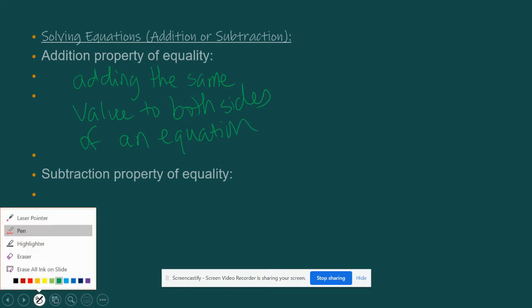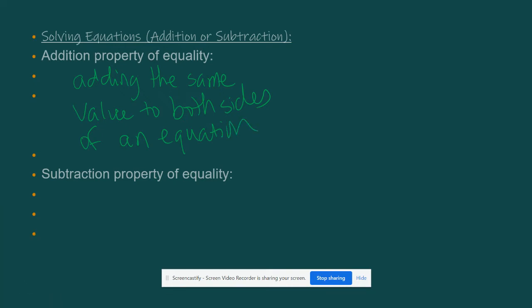What this looks like in algebra terms is if we have A is equal to B and we add C, then A plus C should equal B plus C. Or, to put some numbers with that, if I have X is equal to 4, then X plus 2 would be the same as 4 plus 2.